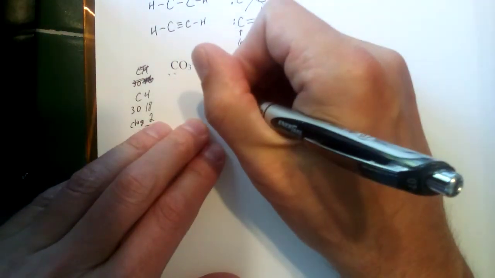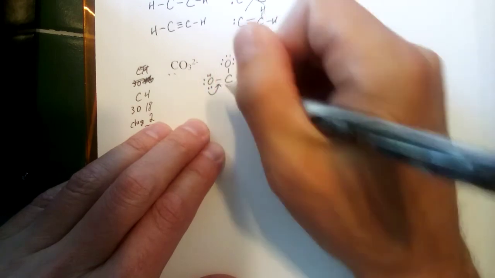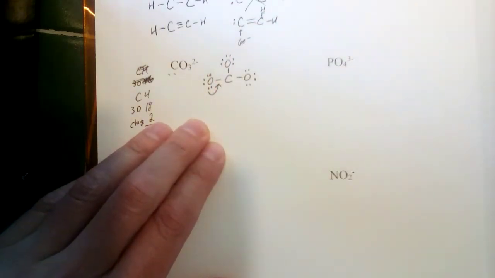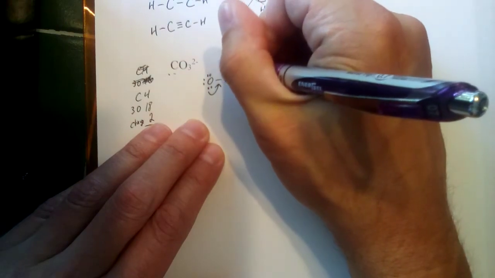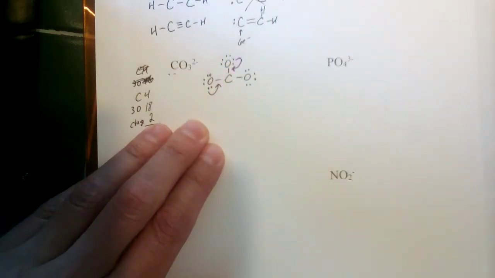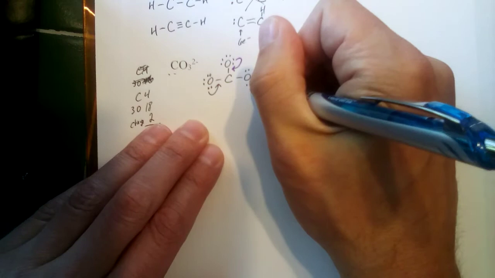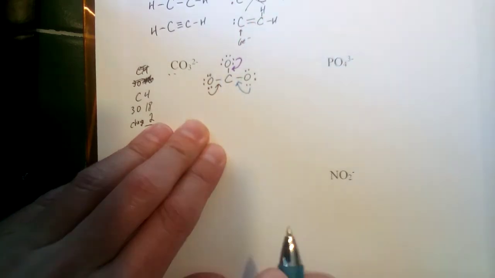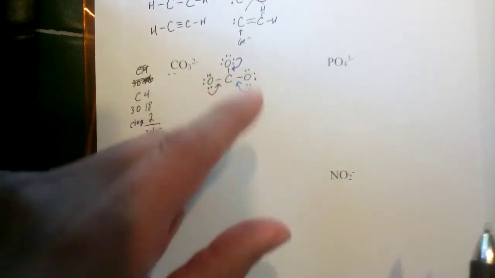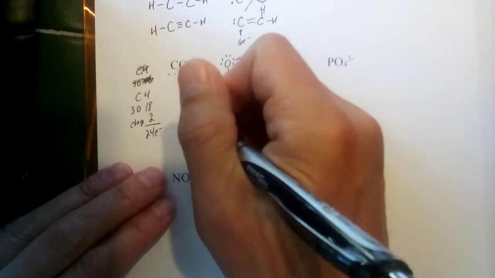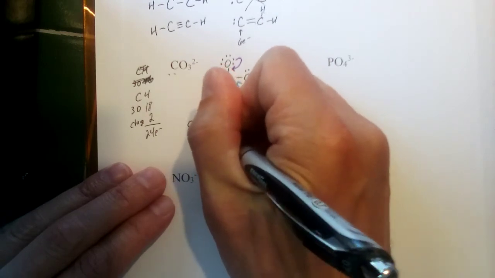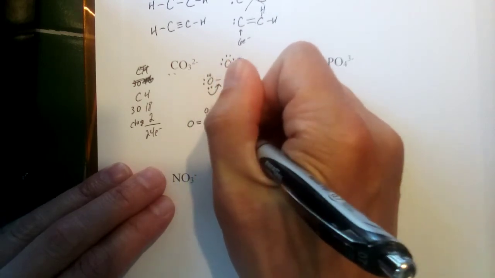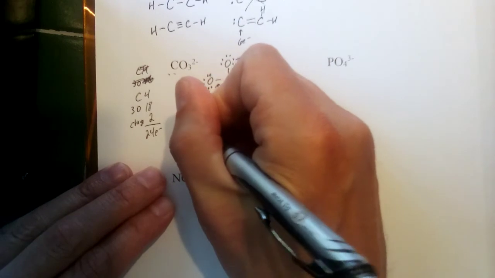So in this case, we could finish the structure by making a double bond from that oxygen, or we could finish the structure by making a double bond from that oxygen, or we could finish the structure by making a double bond from that oxygen. But we only do one of those. But each of those leads to a different representation. The first one, the double bond would be there, and single bonds in the other positions would look like this.